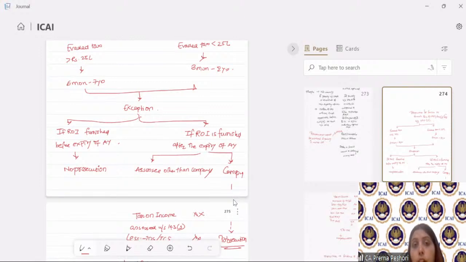That is what we are going to talk about. And for certain assessees who are not assessable themselves, their agents are assessed on their behalf. So a legal representative is a person who represents the estate of the deceased.